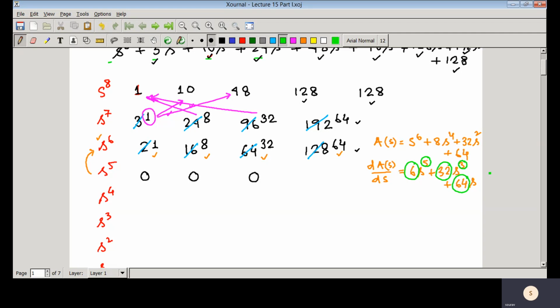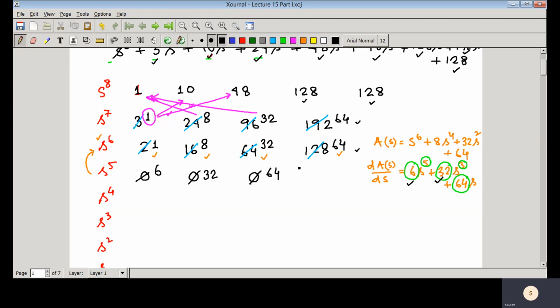So in this case, what we need to do is replace those 0 coefficients by these coefficients, that is 6, and then 32, this one, and then 64.